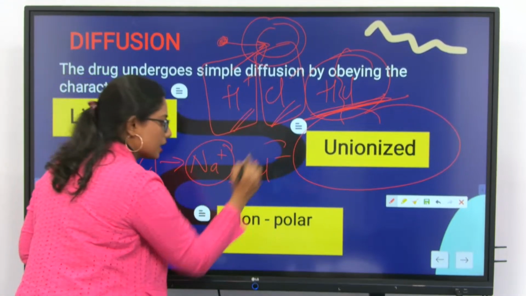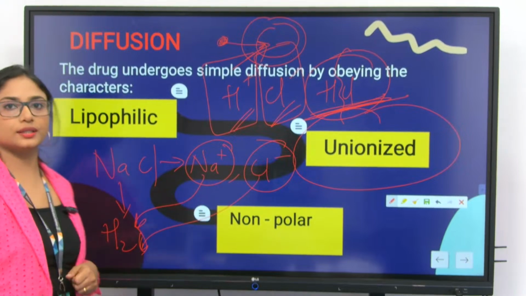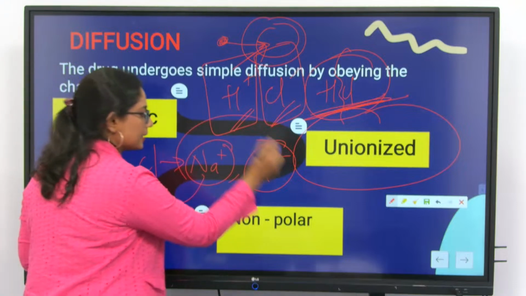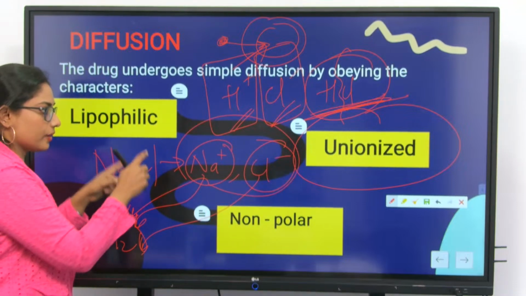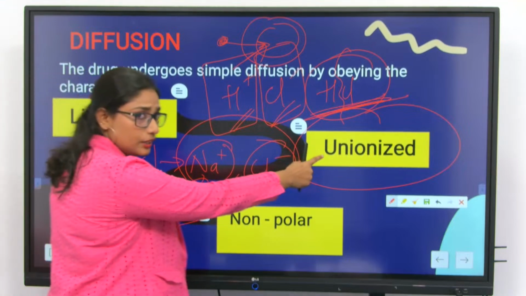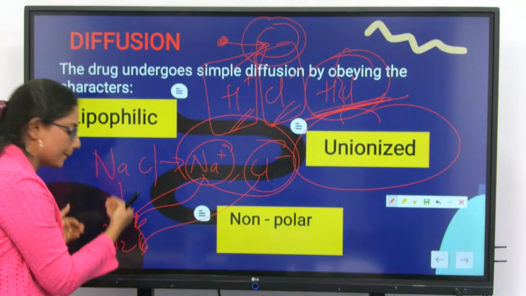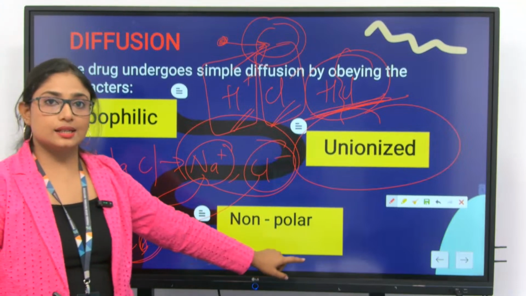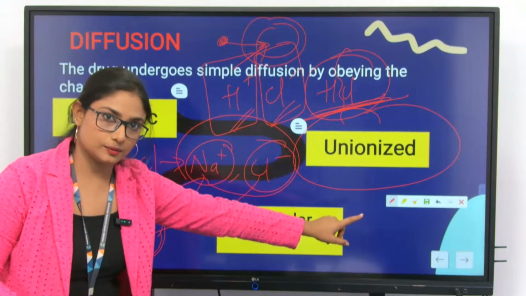With these charges, it can easily form bonds with the water molecule. This is how a drug gets dissolved in the water. So if it forms ions, and with those ions it forms bonds with water molecules, it is termed polarity. That drug will be more polar.